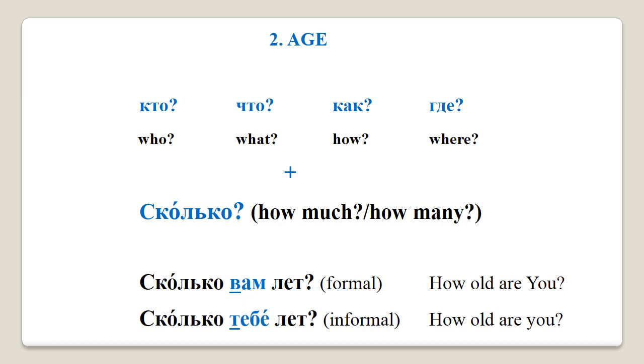So a formal question, how old are you, becomes сколько вам лет, whereas informal, how old are you, becomes сколько тебе лет. In the first question, вам is a form of вы or a formal way to address somebody. In the second question, тебе is a form of ты or an informal way to address somebody. Лет here stands for years.